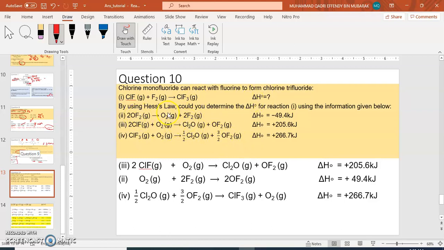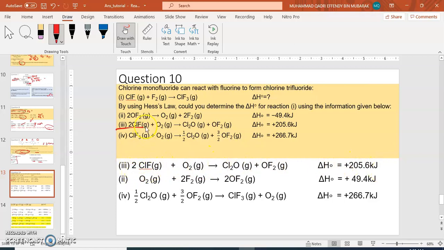So first, we look at chlorine monofluoride. Where is chlorine monofluoride? Here. This is very simple because we can use this equation and we don't need to invert it. So now we have chlorine monofluoride gas reacting with oxygen gas, and it will produce Cl2O gas plus OF2 gas, and the ΔH is 102.8 kilojoule. So we don't need to change anything here.